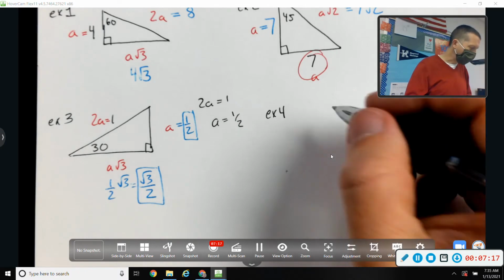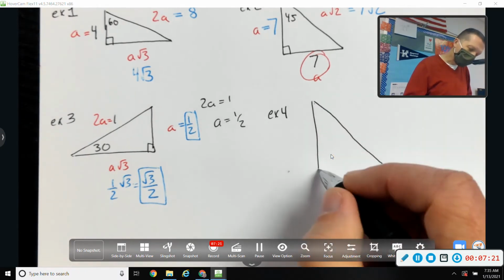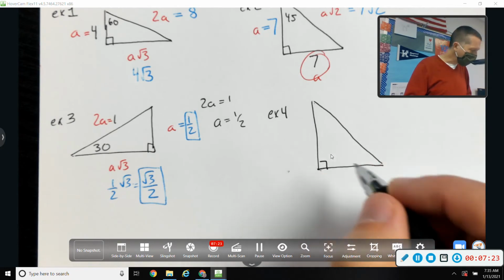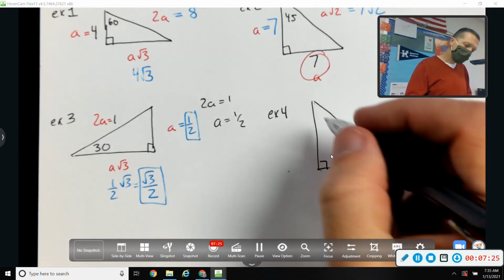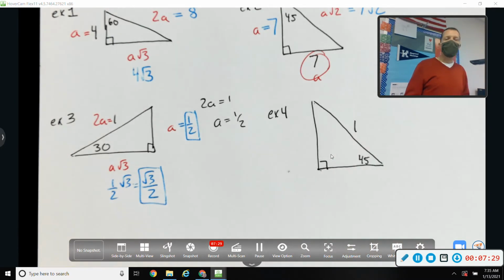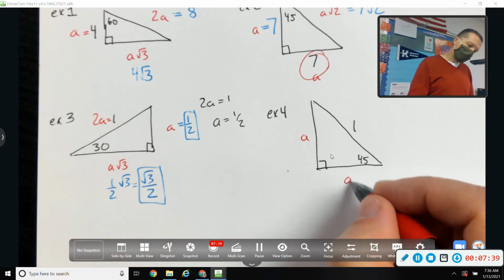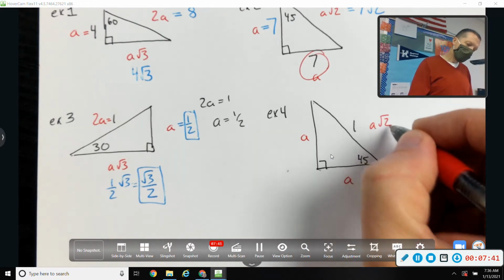All of this is triangles, so you may be wondering, how in the world does this apply to a circle? We'll get there. Let's do another one where the hypotenuse is 1. But this one's a 45, 45, 90. So A and A square root of 2.